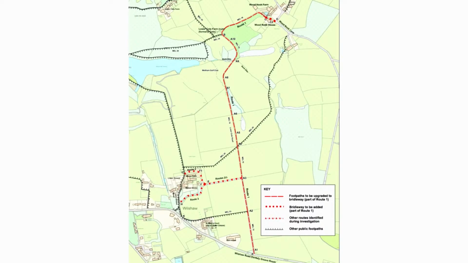It is further recommended that if an order is made to upgrade or add a bridleway, and that order be opposed, and the matter referred to the Secretary of State, the Council should actively support the confirmation of the order at any public inquiry or hearing. Thank you, Chair.